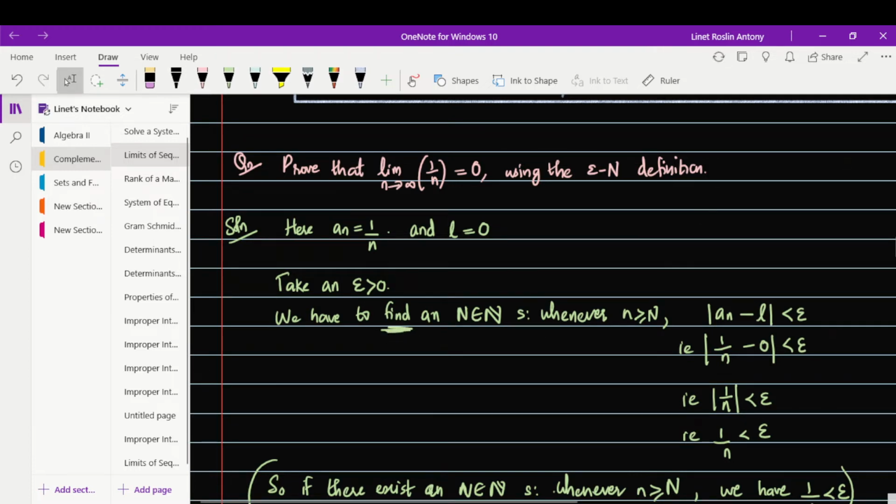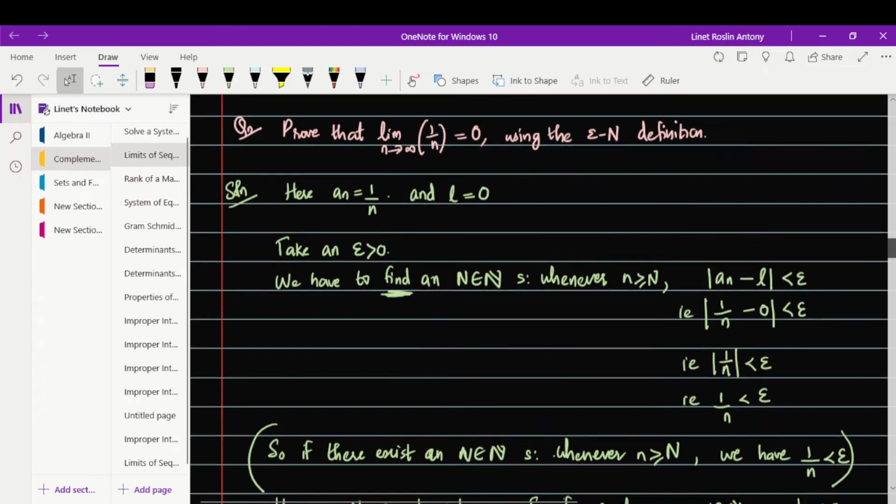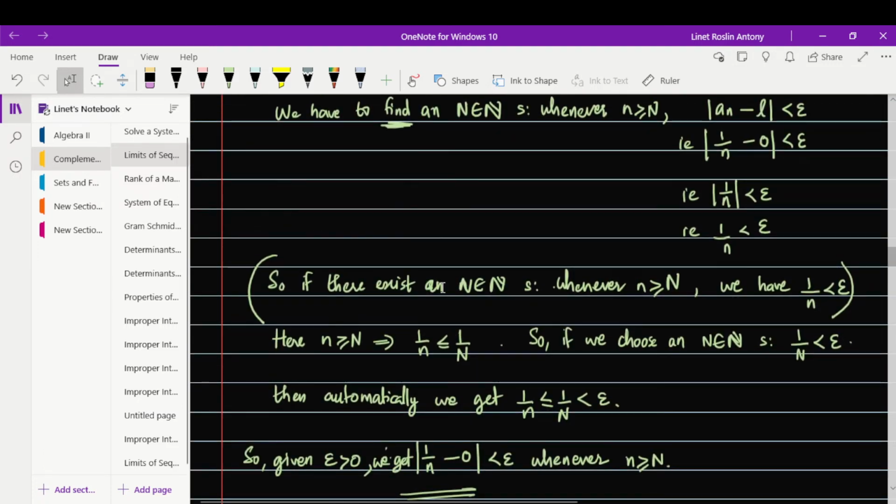So what we do is we just assume that suppose such a capital N exists. We know that if it exists, whenever small n is greater than or equal to capital N, we will have 1 by n is strictly less than epsilon.